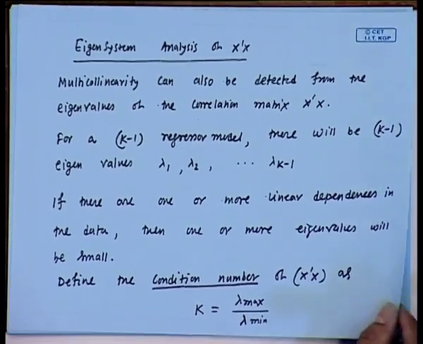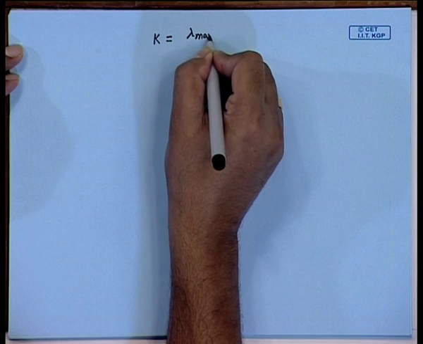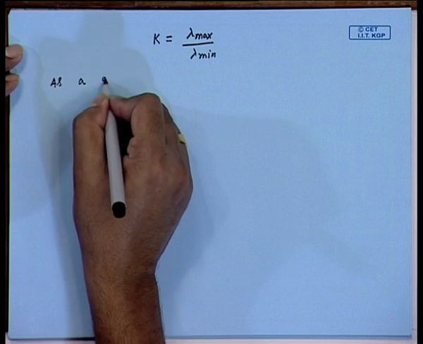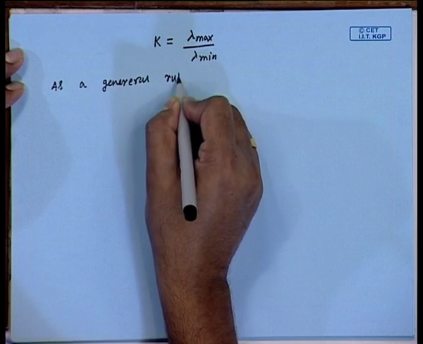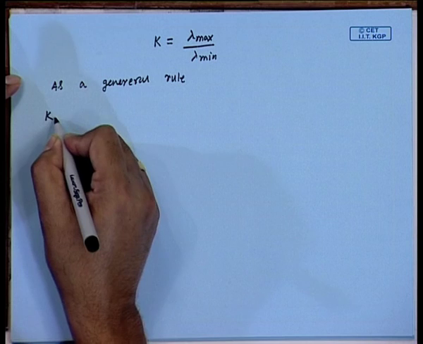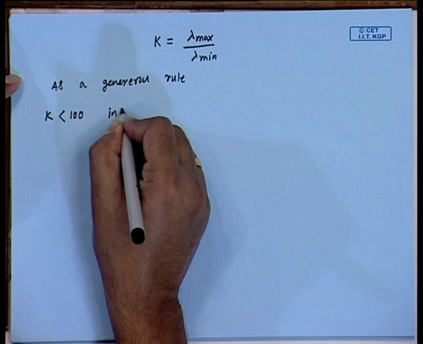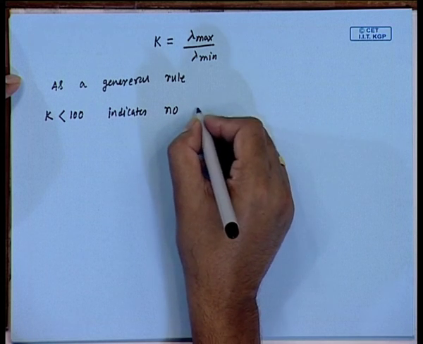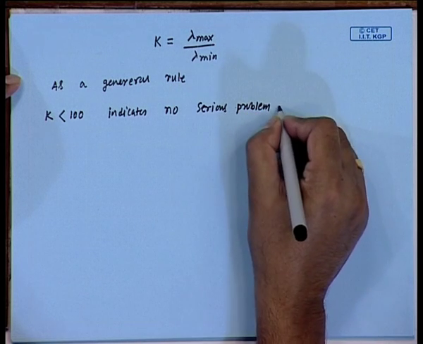So, we will give a general rule. What is k? k is lambda max by lambda min. As a general rule, k less than 100 indicates no serious problem with multicollinearity.